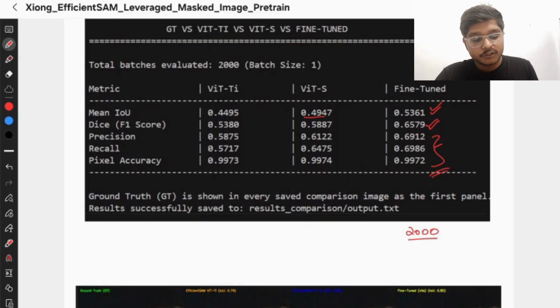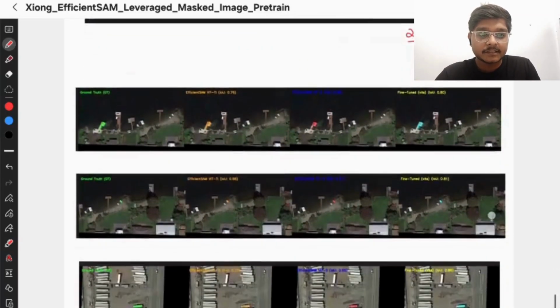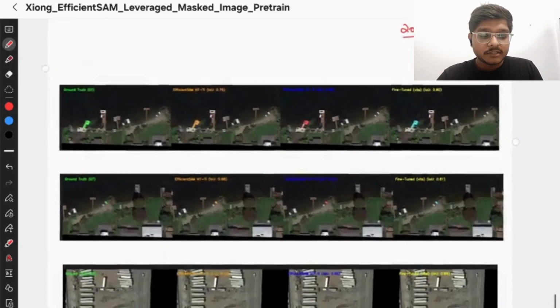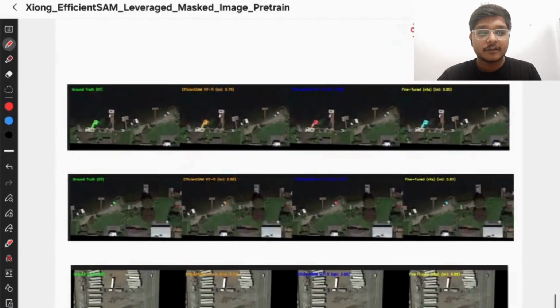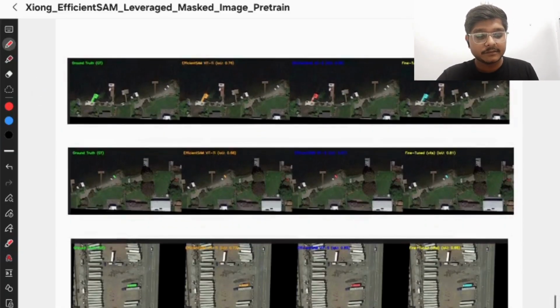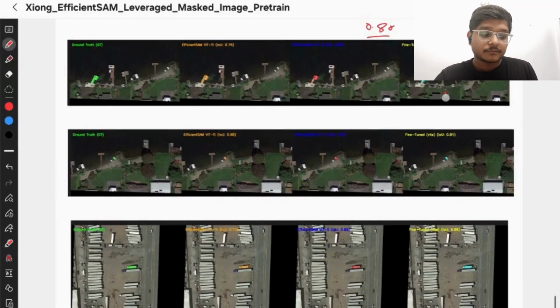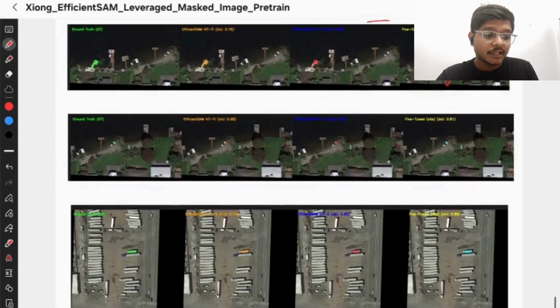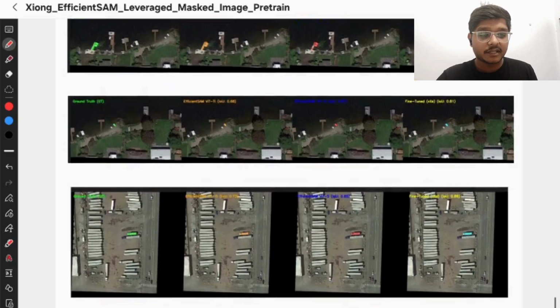Now look at some visual results. In the first visual, the baseline ViT-S achieves only a 0.58 IOU score, but our fine-tuned model got 0.80, which was a massive jump. In the second visual, detecting very small objects, the ViT-S backbone has an IOU score of 0.47, and ours has 0.81, which is again a significant improvement.